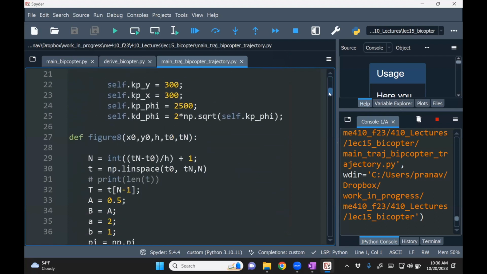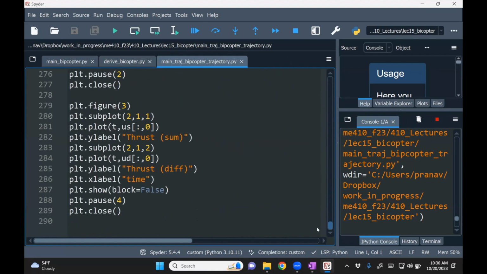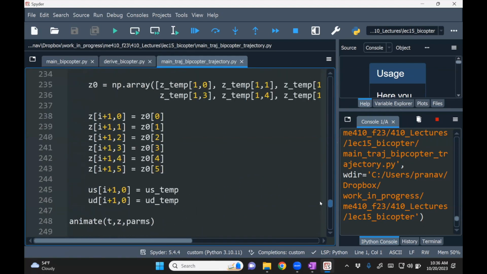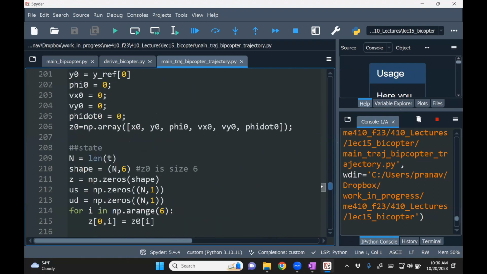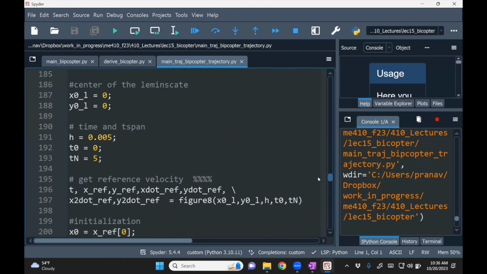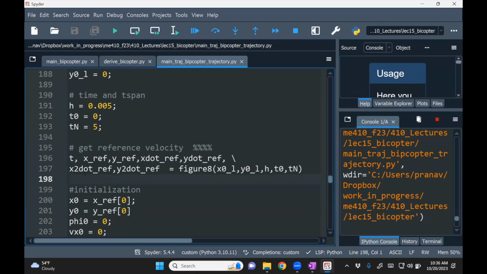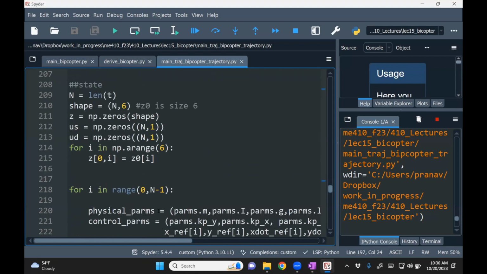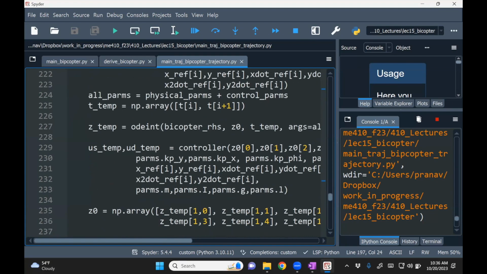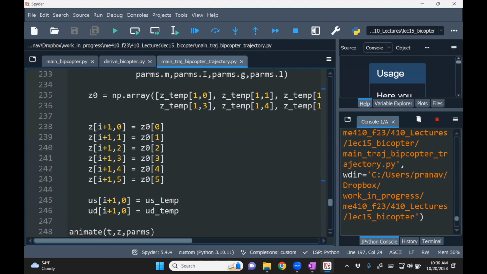So this code is a bit long, but 100 lines is just the animation. The key here is I need the reference motion, the figure 8, which comes from a curve. That curve is, if you search for lemniscate parametric equation, I just took that curve, took the first derivative, second derivative, and that's how I got x dot ref, x double dot ref, and so on.